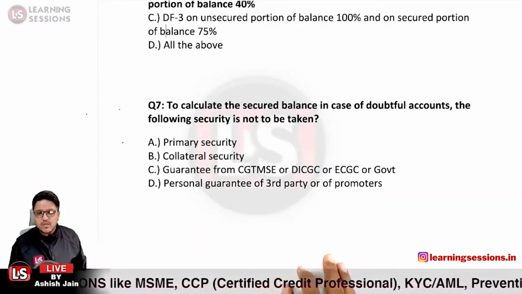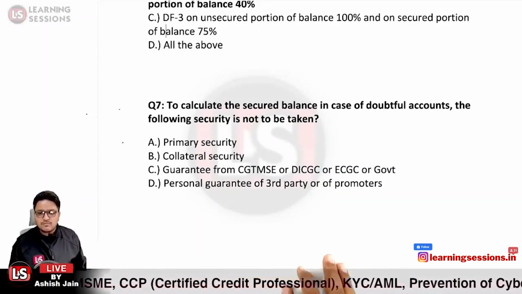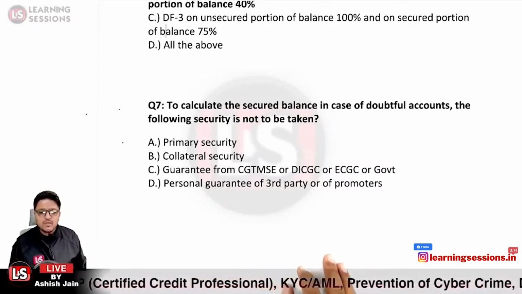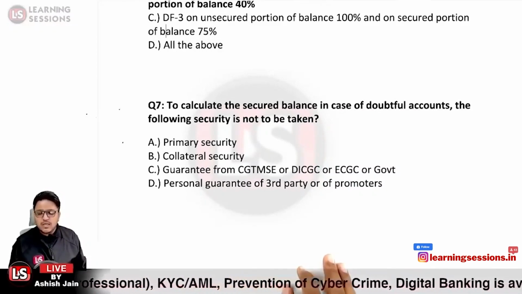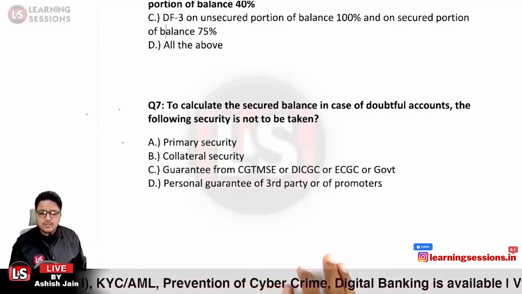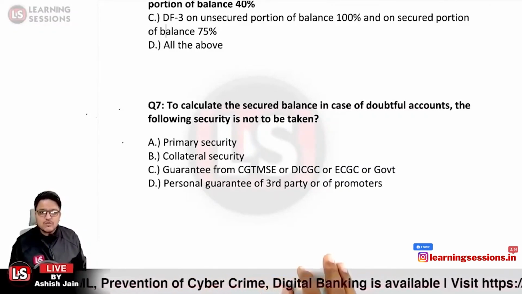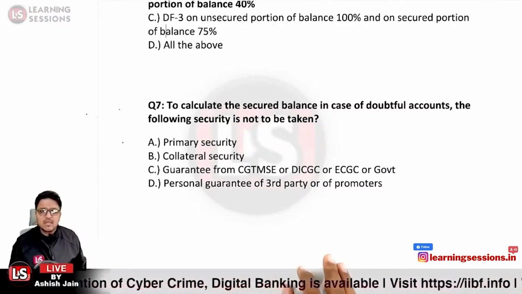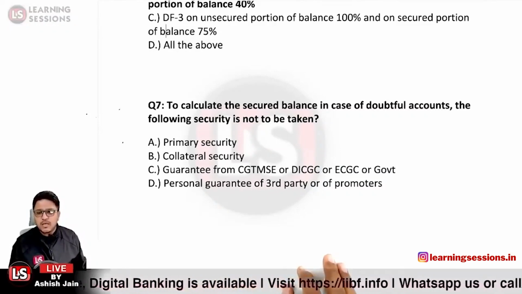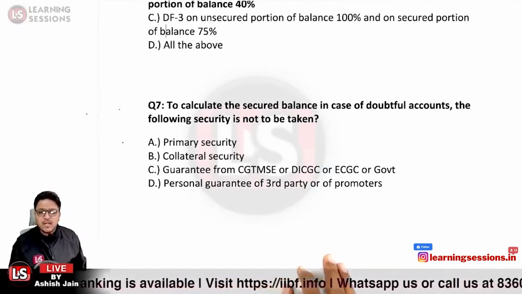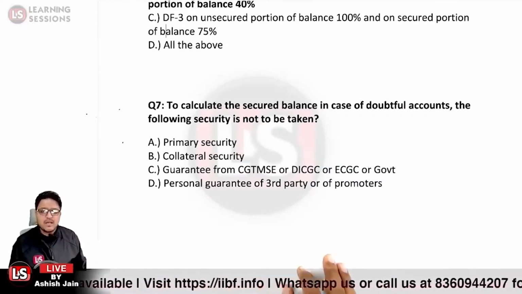Question number 7. Whenever we calculate the secured balances, the primary security is to be taken, the collateral security is taken, and also if a guarantee is available from CGTMSE, DICGC, ECGC or by government, this is also to be taken. Option D, related to personal guarantee, is not taken.